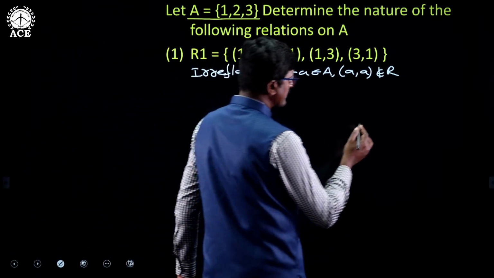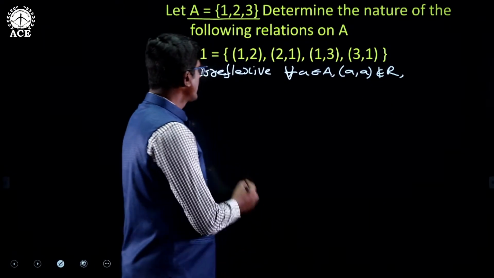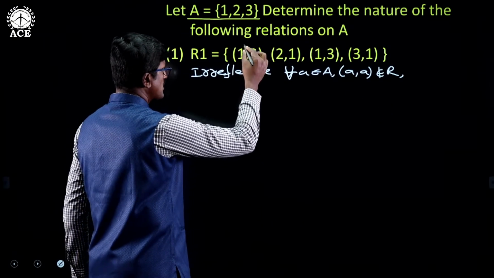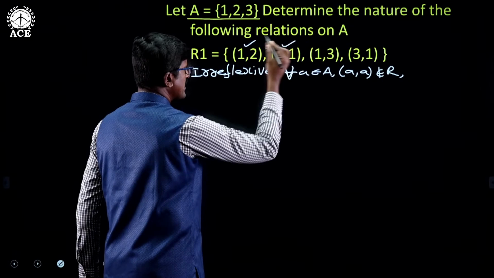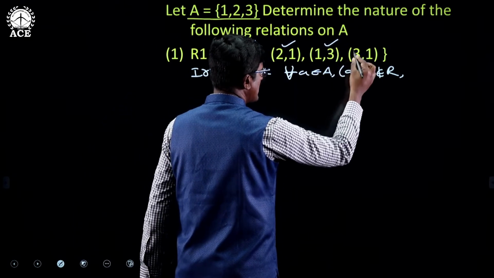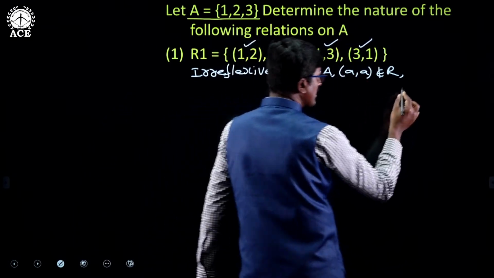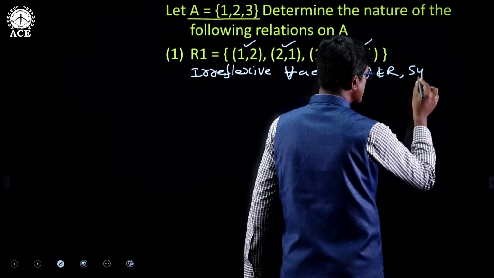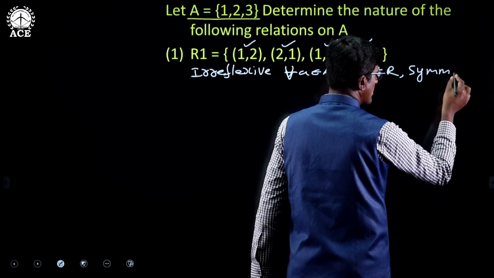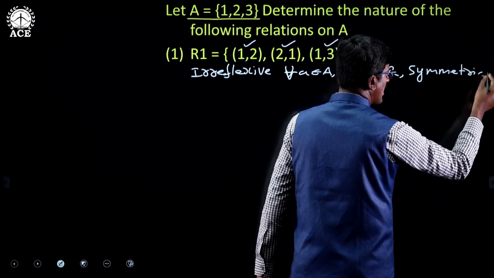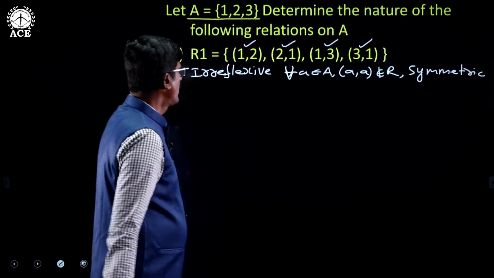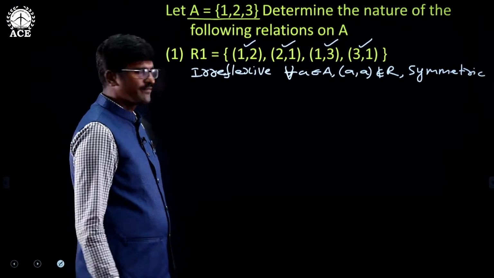The other question is, is it symmetric? Yes, (1,2) is there, (2,1) is there; (1,3) is there, (3,1) is there. Therefore, R1 is a symmetric relation. Now, is it a transitive relation?